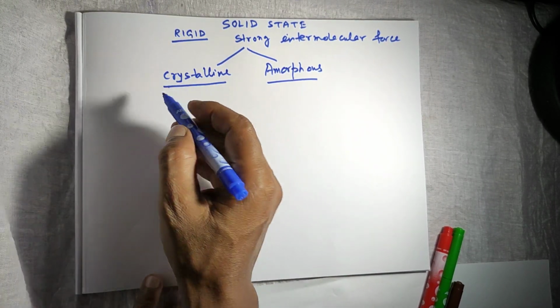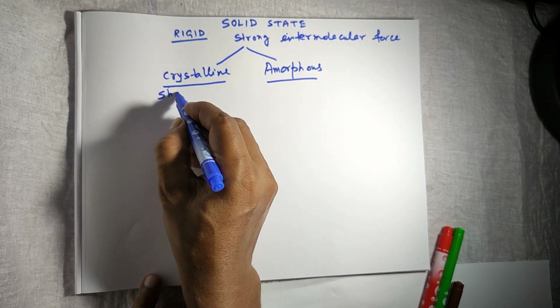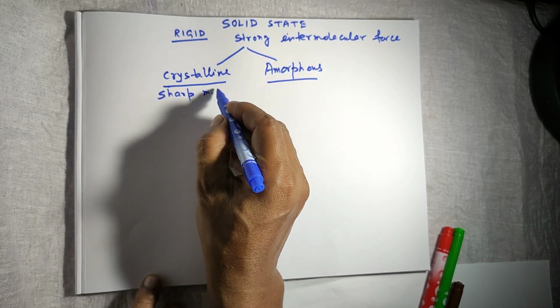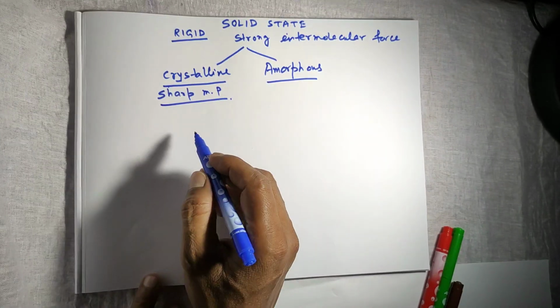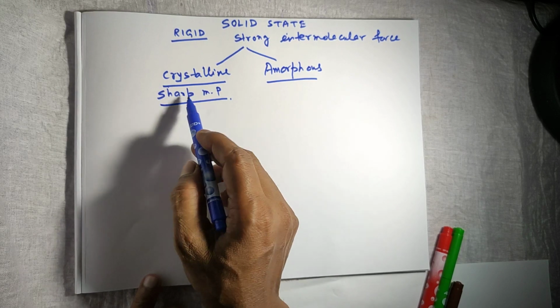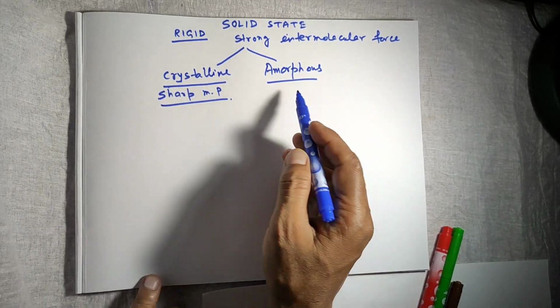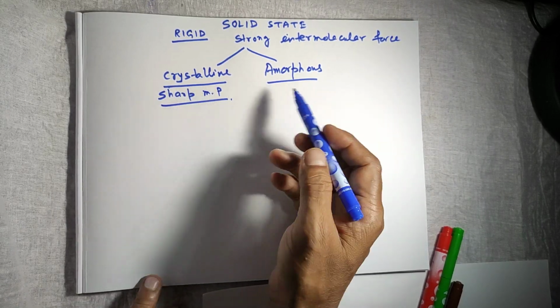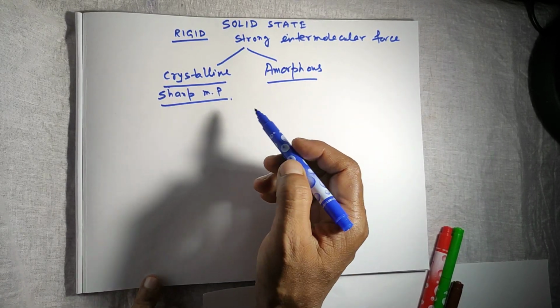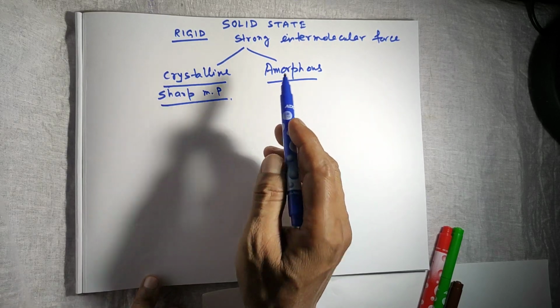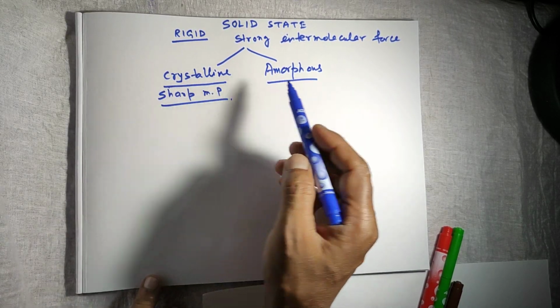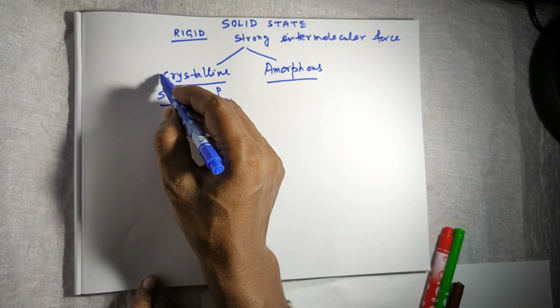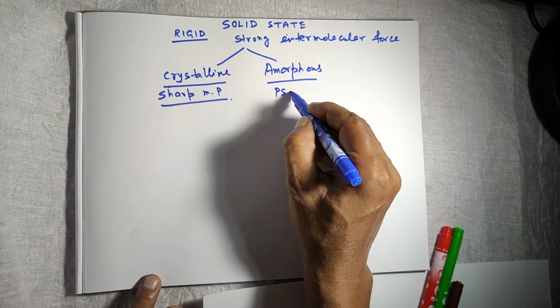Crystalline has a sharp melting point and a definite geometrical shape, but amorphous hasn't any sharp melting point and has no shape, basically shapeless. This is basically disorganized and this is basically organized. You can say this is a true solid and this is a pseudo solid.